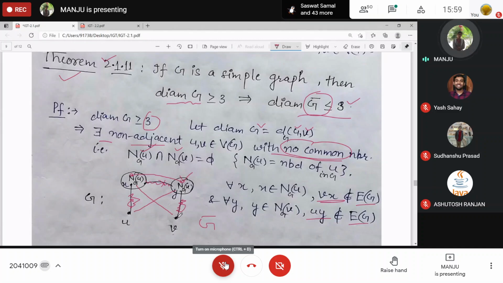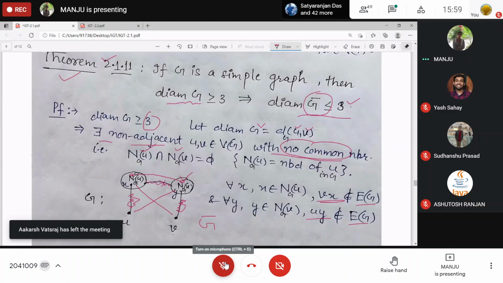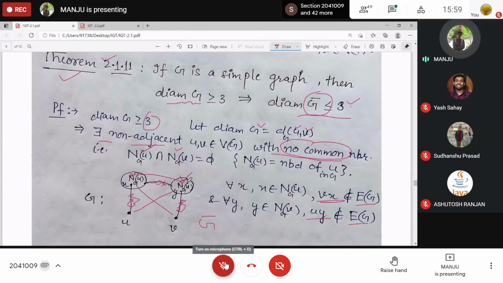See, you got distance in G complement from any two points X and Y. If they are not adjacent, then via V. X and Y are adjacent via V, via U, right? And U and V can be at most adjacent via these neighborhoods. Some edges will be there, and here.